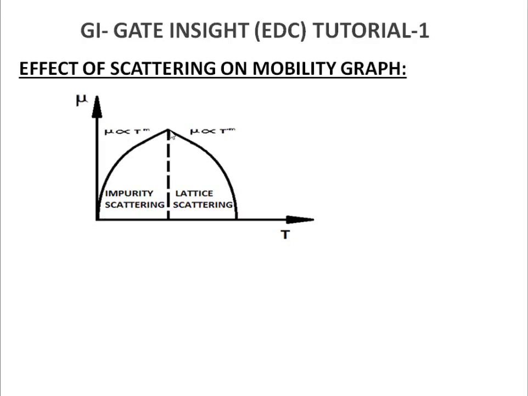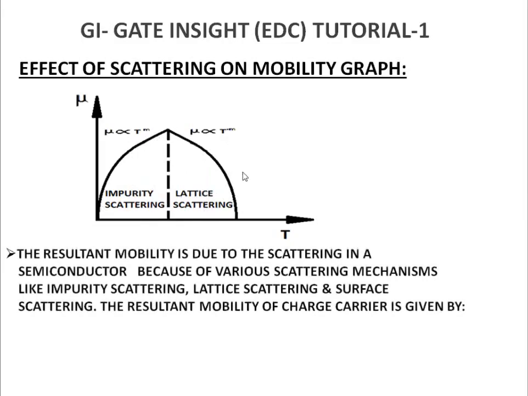Then, as the temperature further increases, there is oscillation in the atoms, and because of that the mobility decreases. So mu is proportional to T to the power of minus M for lattice scattering. For impurity scattering, mu is proportional to T to the power of M, and for lattice scattering, mu is proportional to T to the power of minus M.